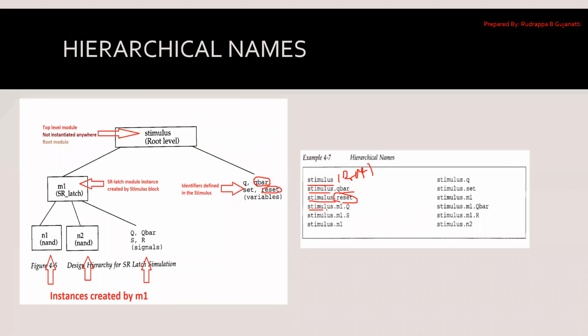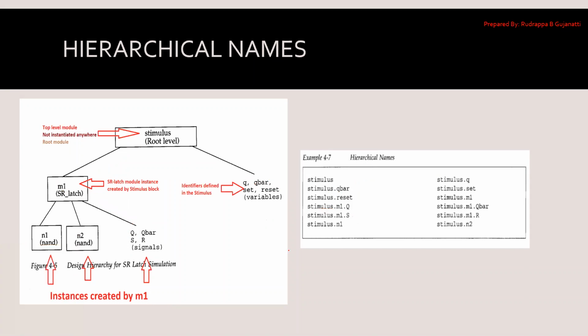Here you can see that you have stimulus dot m1, which is related to this. Under this, I have q, so it is stimulus dot m1 dot q. The hierarchical names are separated by the period operator, starting from the root to the variable you are trying to identify.